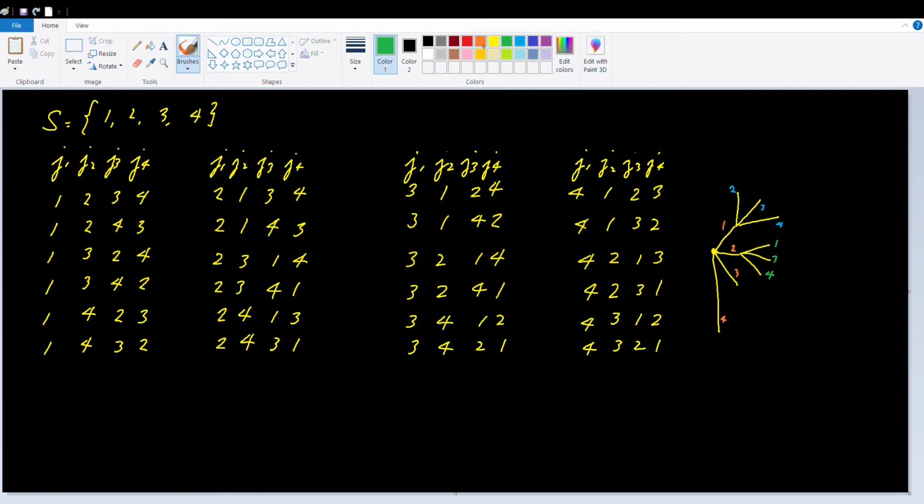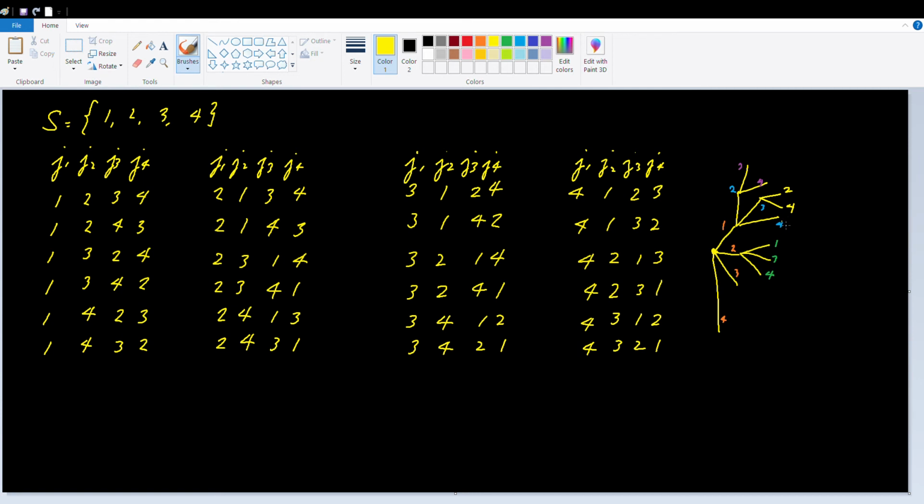For the next position, this will branch out further into 2. The choices here are 3 and 4. If you have the branch 1 going to 3, there will be 2 choices there, which will be 2 and 4. And we do that for all the rest.